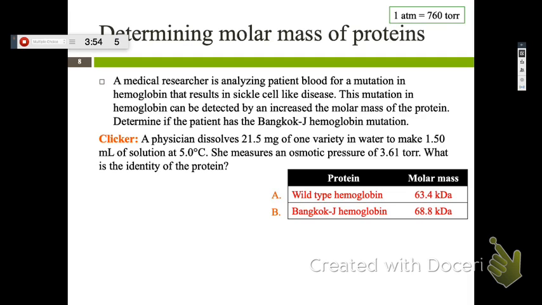I converted it to atm. You divide by 760. So you have 3.614. You have 760 torr is 1 atm.